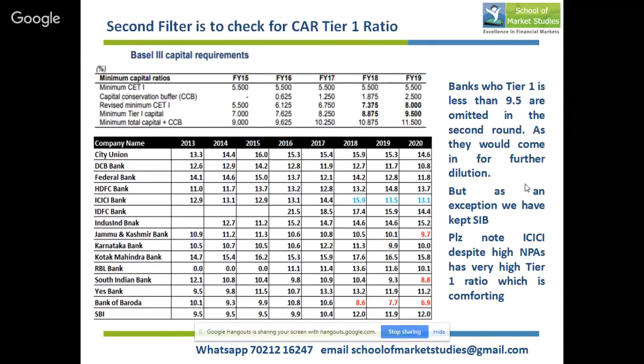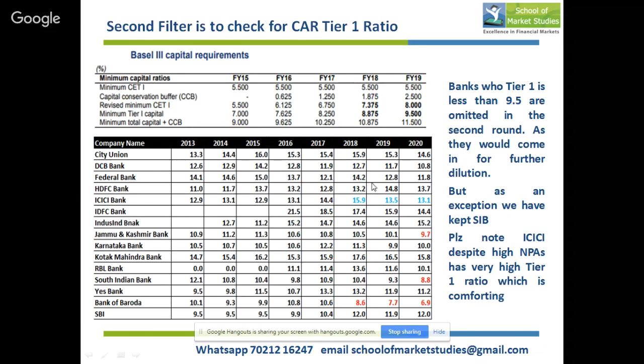Now, going ahead, we have put in a second filter, that is the availability of capital to lend. The RBI, to prevent risk in the system, typically has a capital adequacy ratio, which is divided into two parts, tier 1 and tier 2.